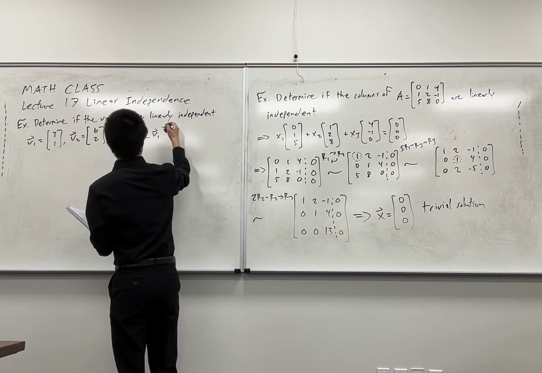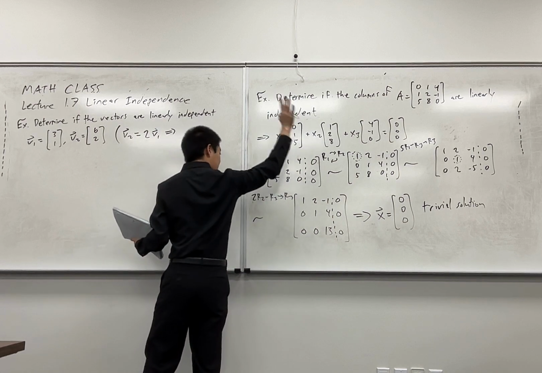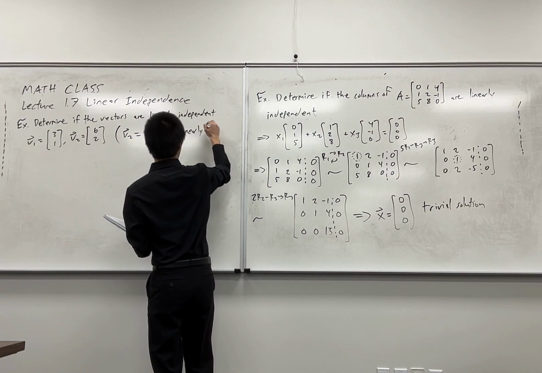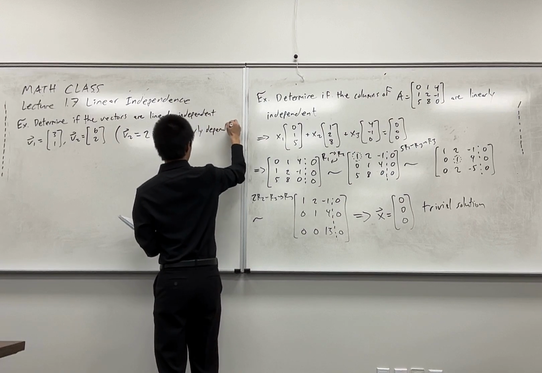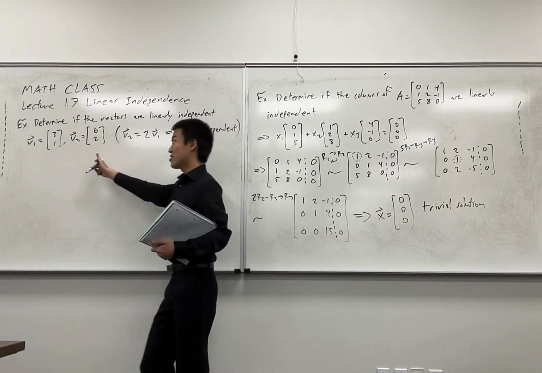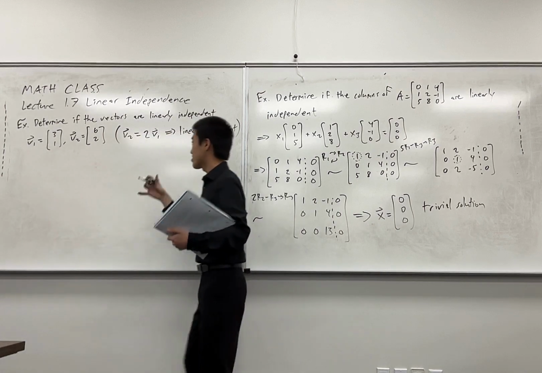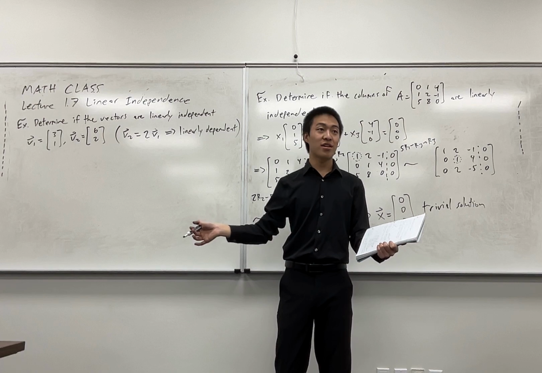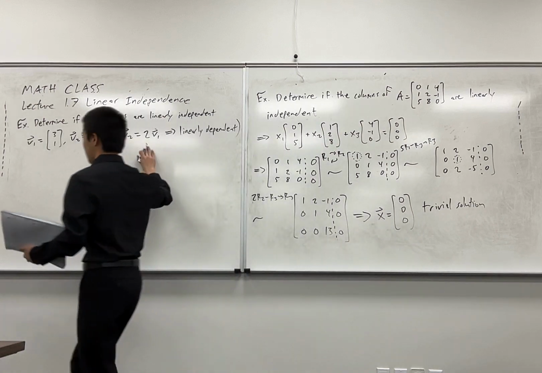So this tells me, without having to do any of this, that they're linearly dependent. So keep that in mind. If you can find some sort of constant, if you know that they're scales of each other, question's over. You already know the answer. They're depending on each other by some scalar multiple.